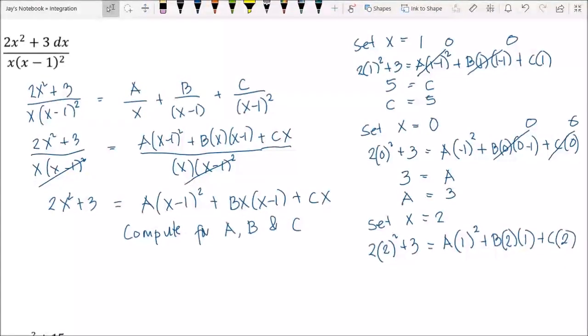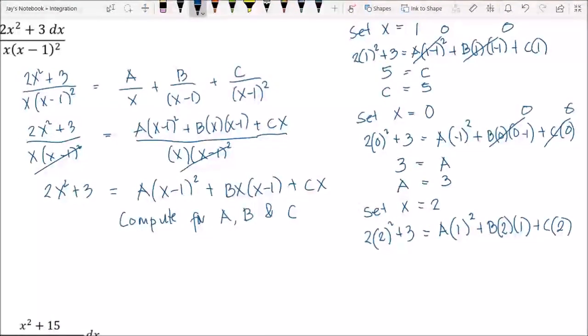That would give us 4 times 2, 8 plus 3, that is 11, is equal to a plus 2b plus 2c.